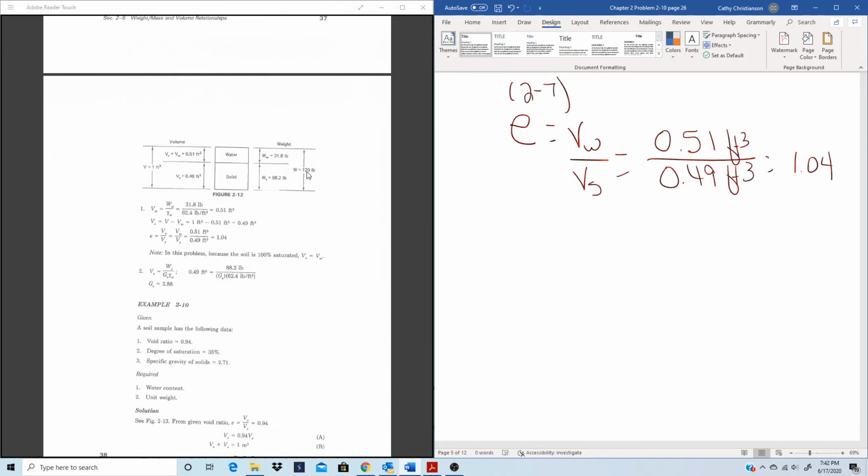It says the specific gravity of the solid equals the weight of the solid divided by the volume of your solid, and then that's divided by the unit weight of water.